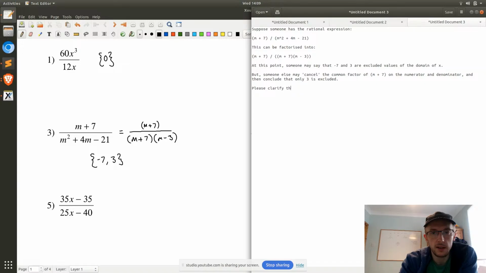Please clarify this confusion with relevant terminology. Is it the case that 3 is somehow more intrinsic, more included, or what have you?